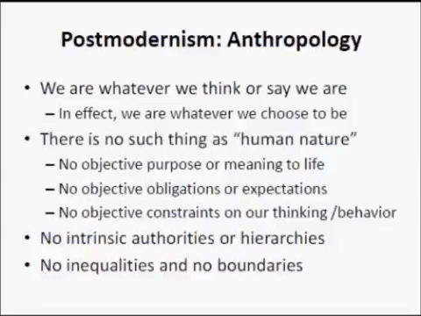The idea of an absolute creator God has really been done away with. So it's up to us to choose, to determine how we're going to organize things, what boundaries we will impose and what we won't impose. Postmodernism is radically egalitarian, rejecting any intrinsic authorities, hierarchies, boundaries, differences within the human species, if we can even speak about a human species.